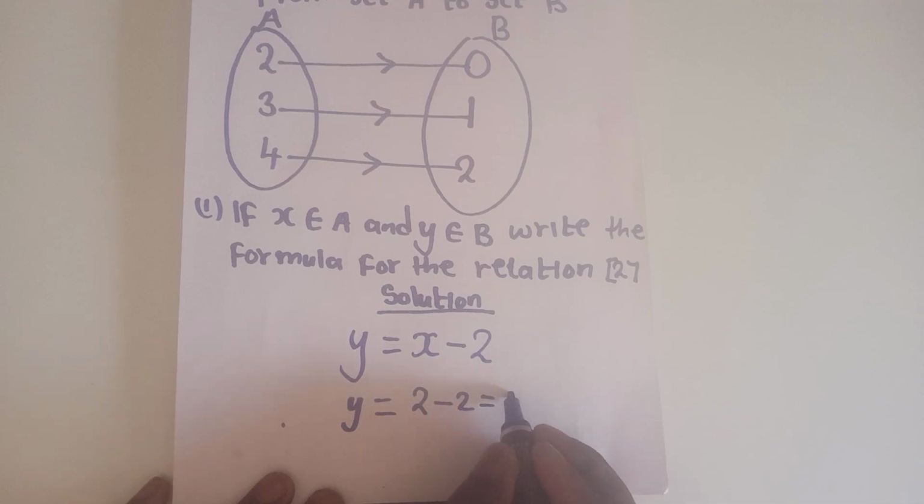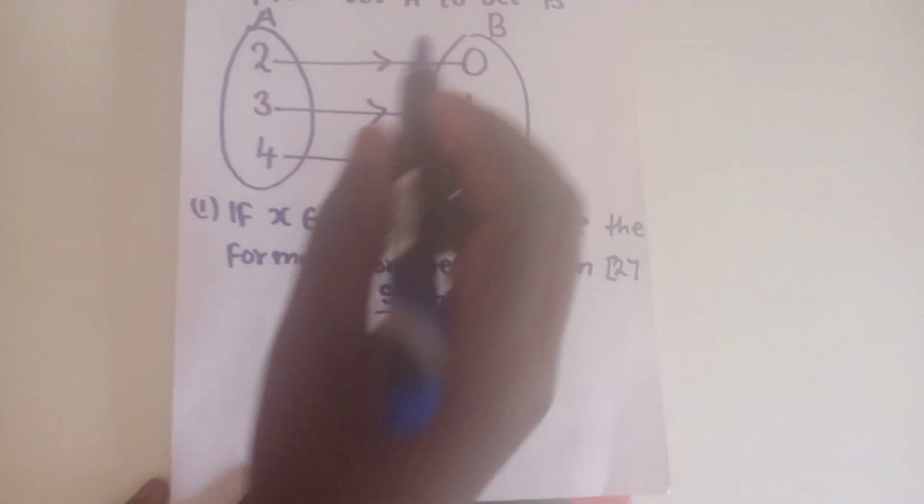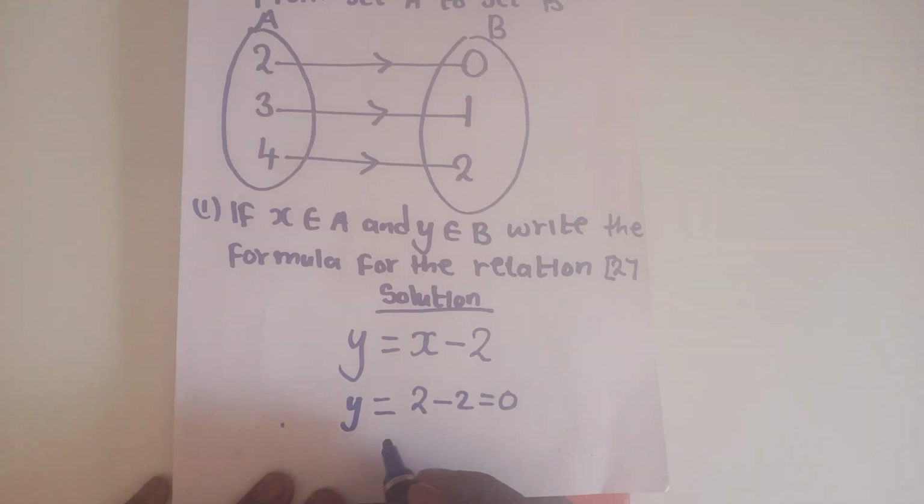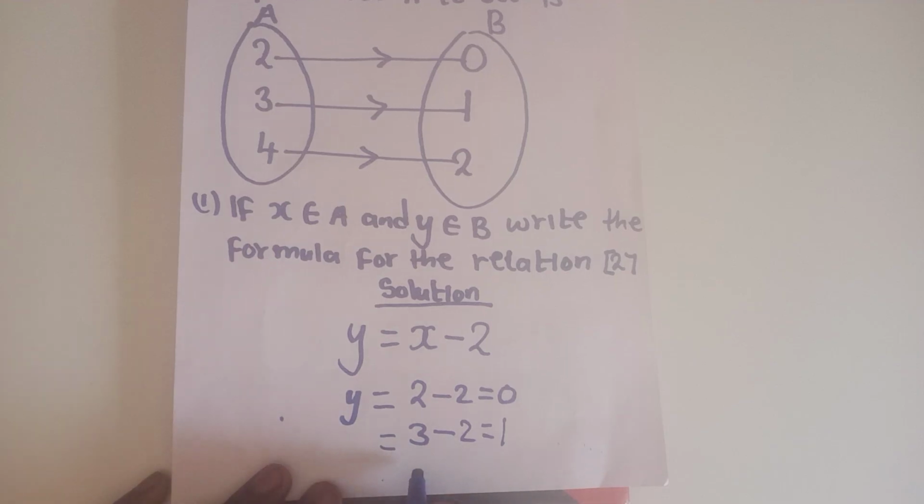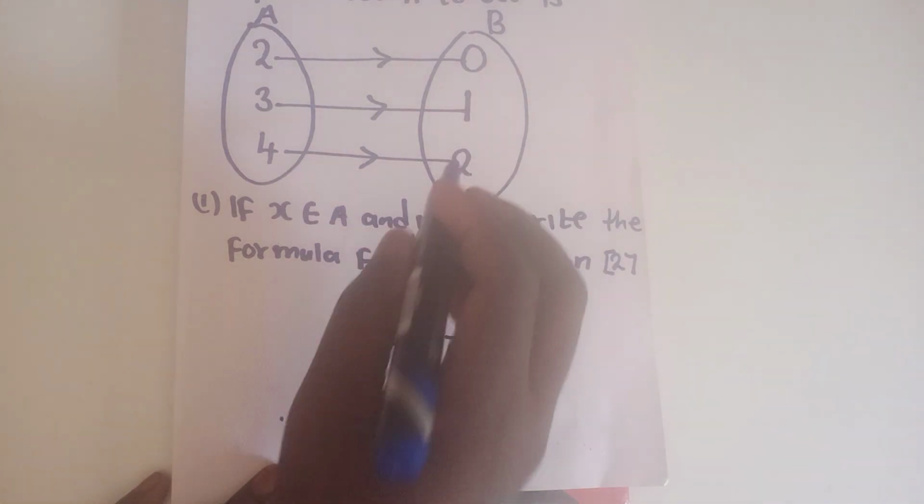I get 0, which is this one. Next, 3 minus 2, I get 1, which is this one. The last one, where there's 4, I put 4 minus 2. I get 2, which is this one.